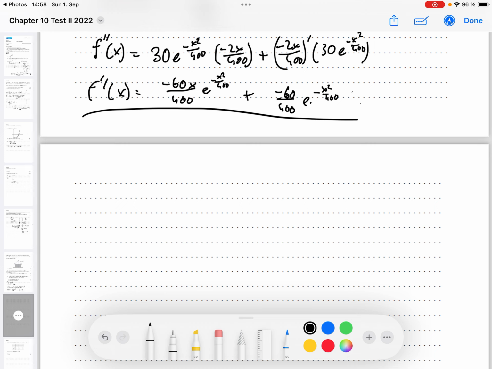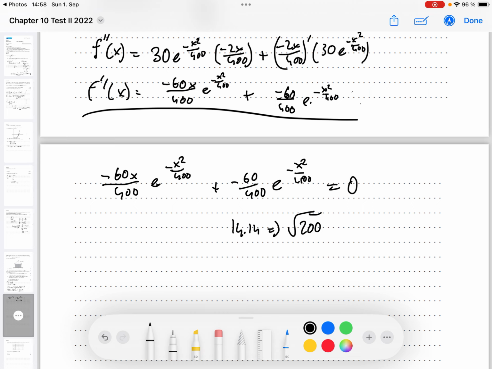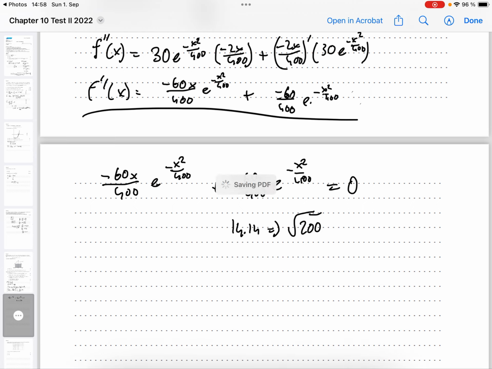So if we solve negative 60x over 400 e to the negative x squared over 400 plus negative 60 over 400 e to the negative x squared over 400 and set it equal to 0, which is when the derivative function will be the greatest, we actually get 10 root 2 or 14.14, which is the exact same as square root of 200. So that's part B.